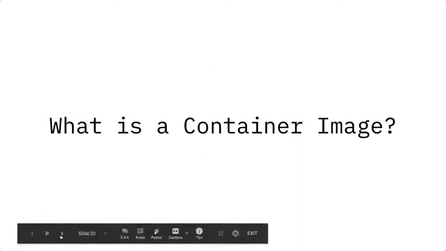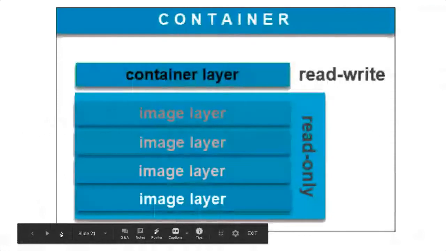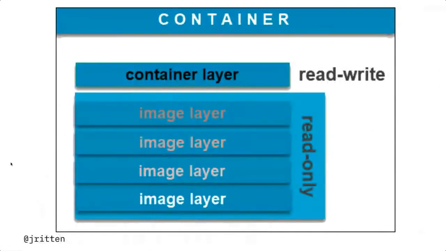So for example, this is what an image would look like within a container. A container image is a lightweight, standalone, executable package of software, and it includes everything needed to run the application. So it's going to have the code, runtime, system tools, system libraries, and all of the settings. So container images become containers at runtime.